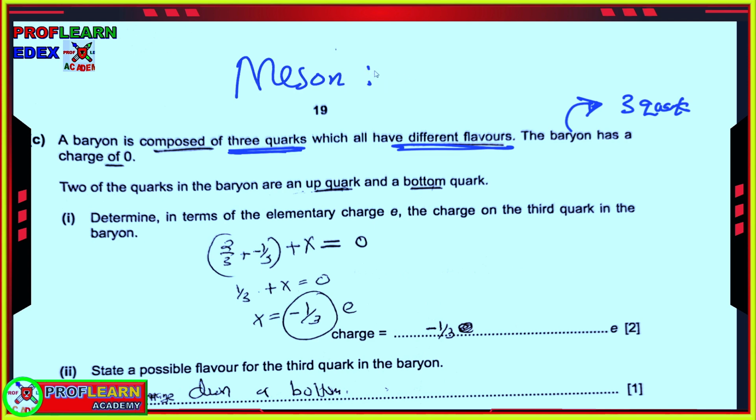Meson is a type of hadron that is made up of 2 quarks, and that is a quark and anti-quark, right? So we are supposed to determine in terms of elementary charge, because we are told 2 of the quarks are an up quark and a bottom quark, and we are told the charge for this type of baryon that has been formed.